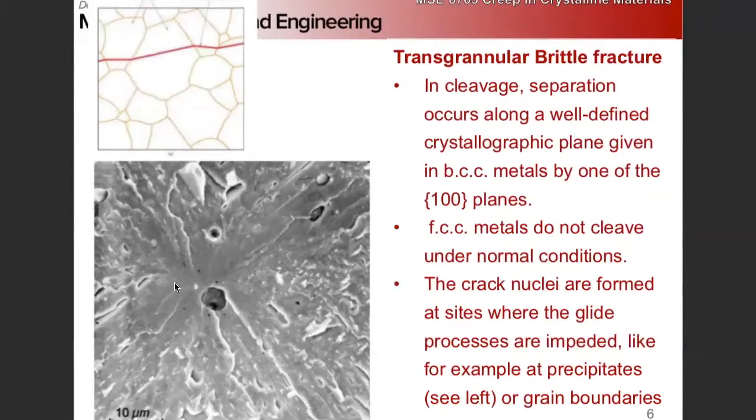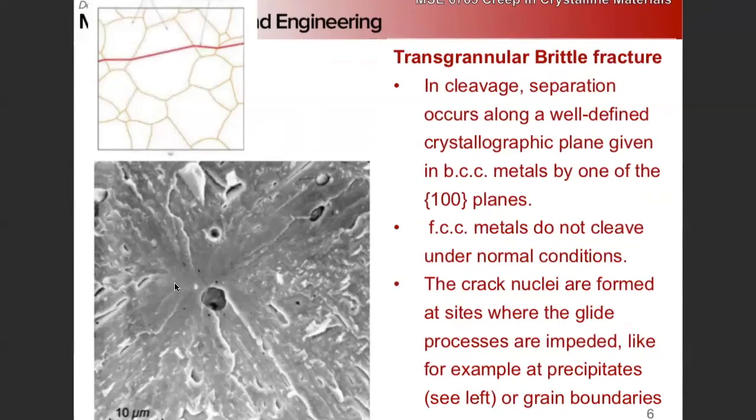In BCC metals, this is the 100 planes. FCC metals normally don't cleave under normal conditions. FCC metals tend to be more ductile, so they will either fail by ductile failure, or if you can weaken the grain boundaries, they'll fail by intergranular mechanisms, such as stress corrosion cracking or internal oxidation, where you damage the cohesive strength of the grain boundaries.